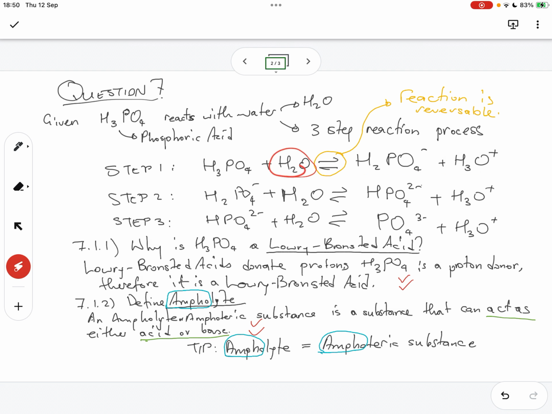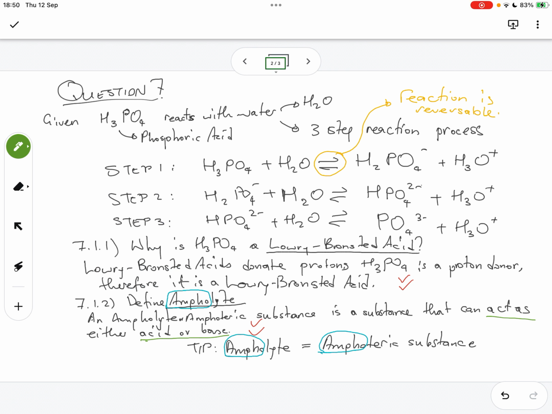These two reactants, reactant A and reactant B, will combine and give us product A and product B, or product C and product D. That is in the forward direction.